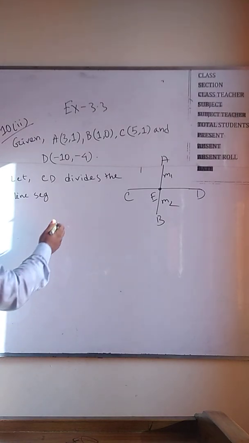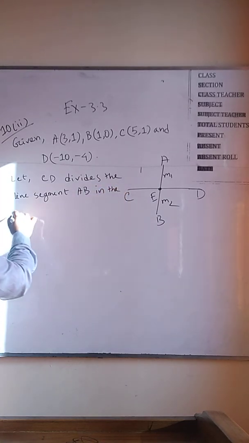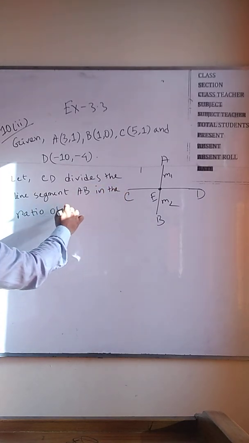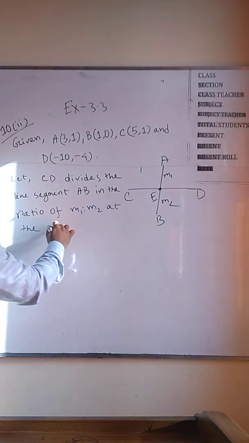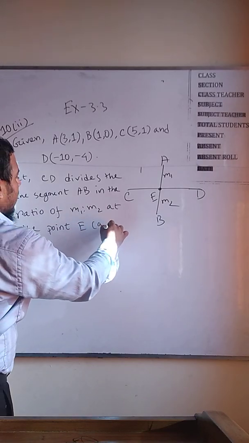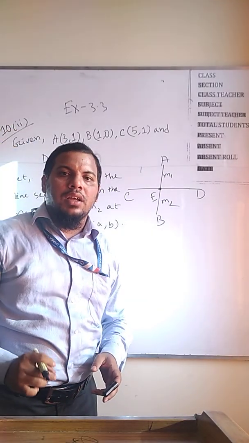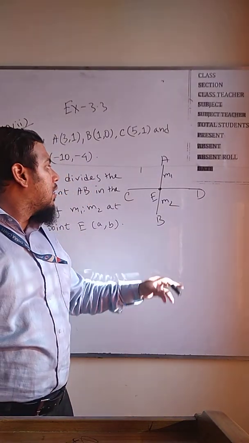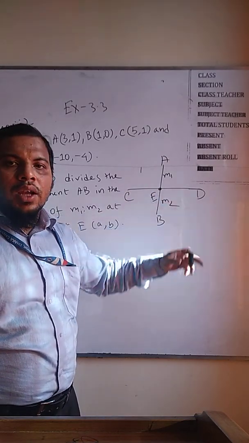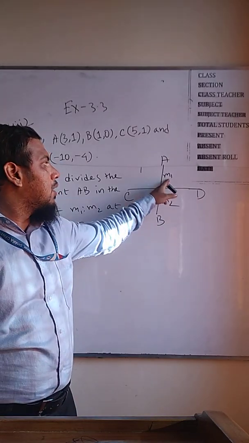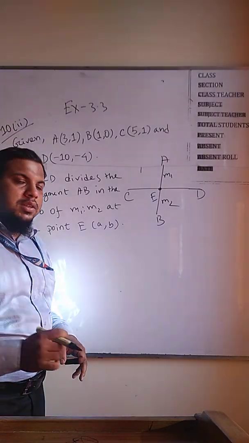CD divides AB in the ratio of M1 is to M2 at the point E. It is very similar, but you have to understand the language. AB divides CD means you put the ratio one way, and CD divides AB means you put the ratio the other way. That's the very basic difference, and you have to understand it properly.